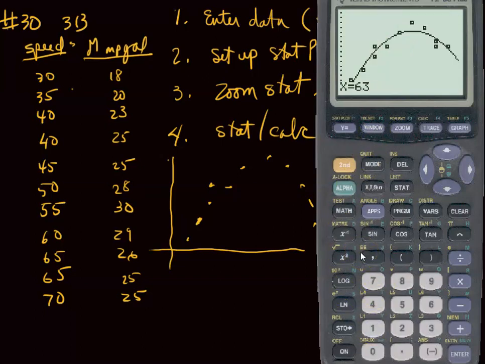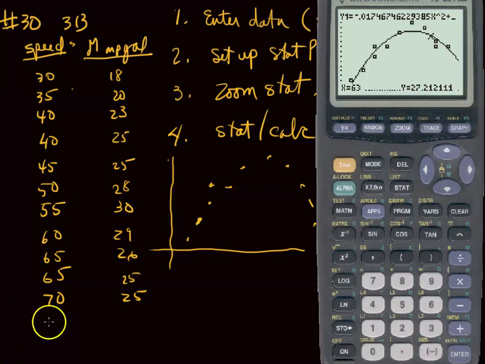If x is 63 miles per hour, that's your speed, then it'll find the y value. 27.212 is the miles per gallon for 63 on this graph. So that's the answer, 27.212 for part B.